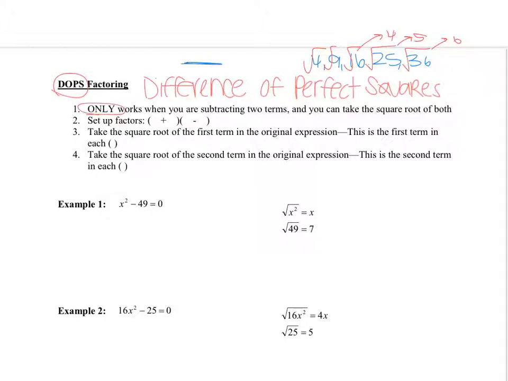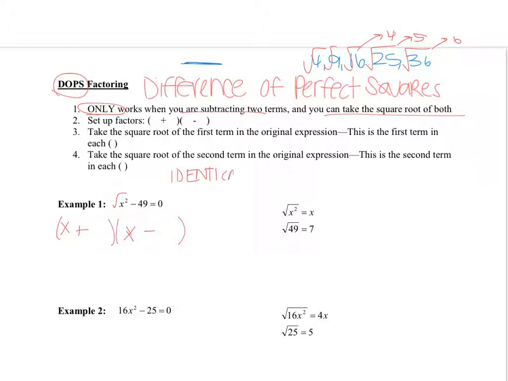This only works when you are subtracting two terms and you can take the square root of both. So what you do is you set up factors, x in both spots in this first case because we just have to make x squared. And you put a plus in one and a minus in the other. Your parentheses should look identical except for the plus and minus. Let me just write that out.